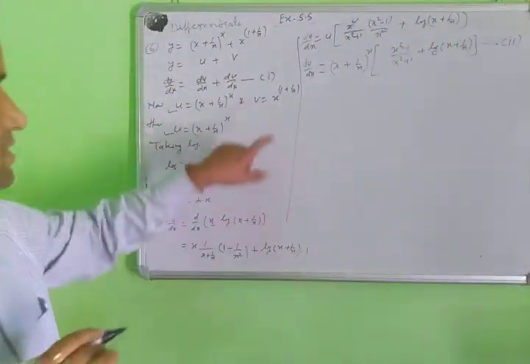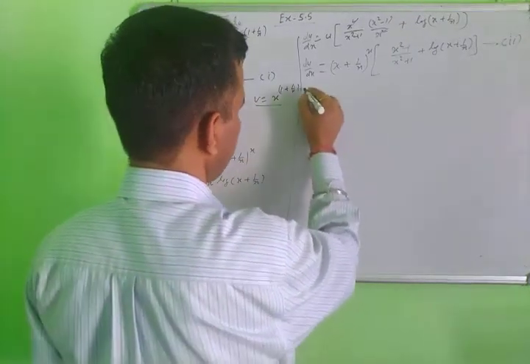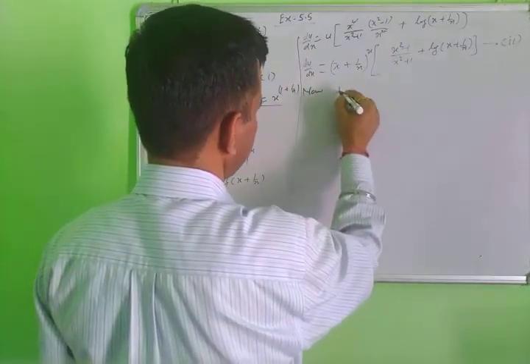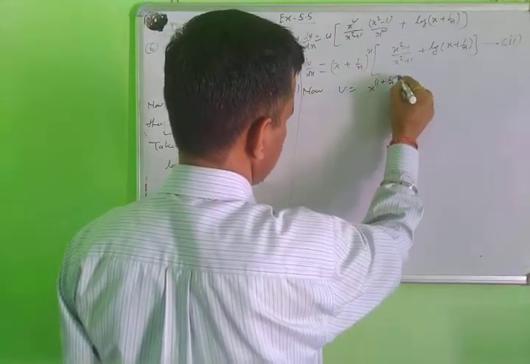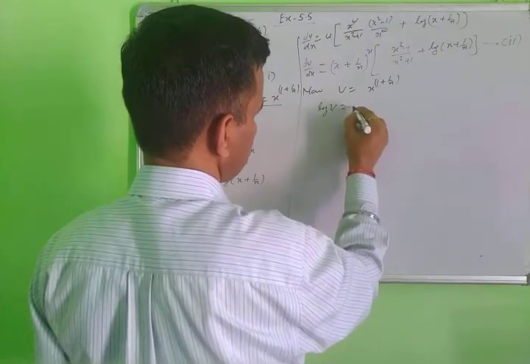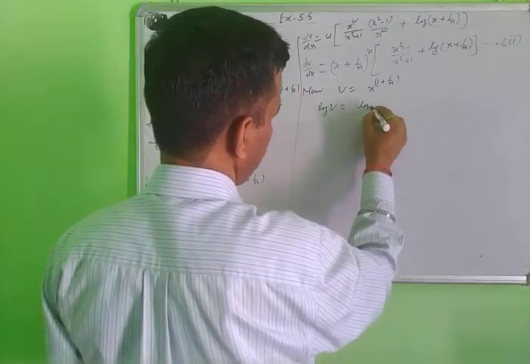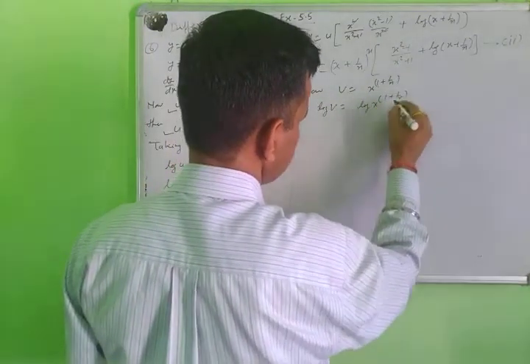Similarly, we will solve this second step here. Now v equals x to the power 1 plus 1 upon x. Taking log, log v equals log x to the power 1 plus 1 upon x.